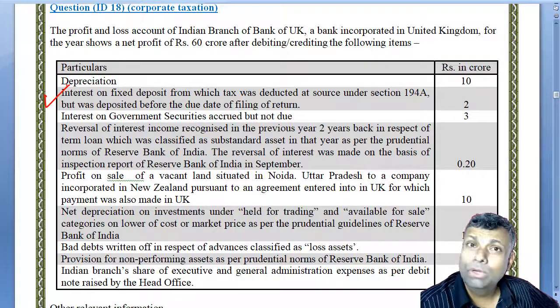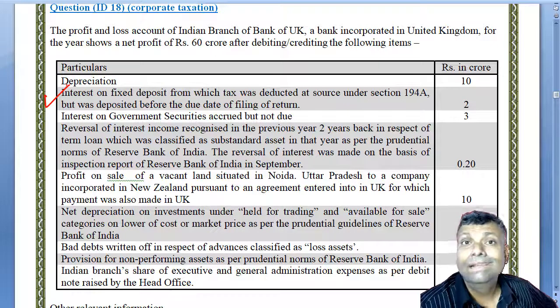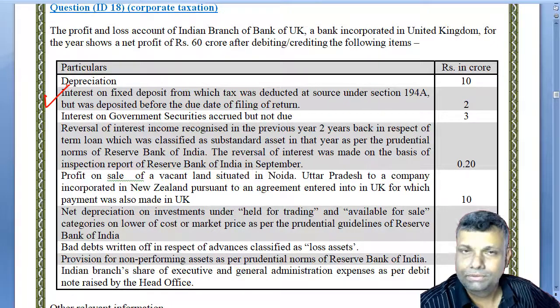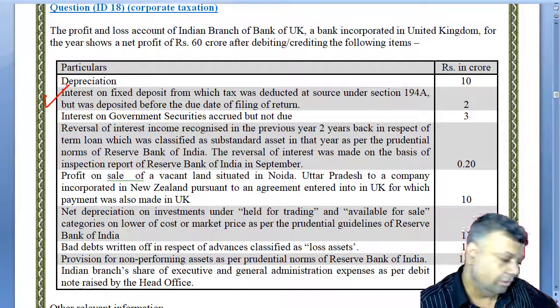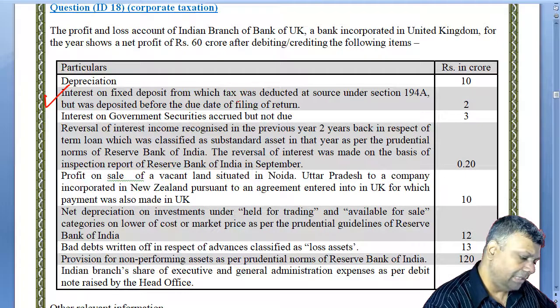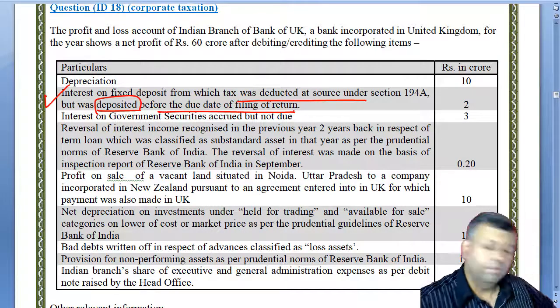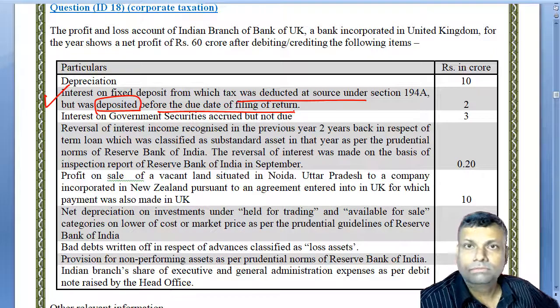I guess you remember in the business income chapter we discussed something like TDS compliances. So if you are having any specified expenditure, tax was deducted and it was deposited before the due date of the filing of the return of income.